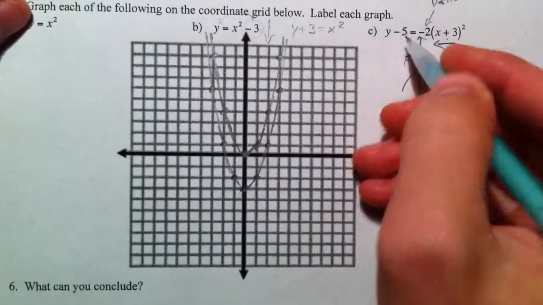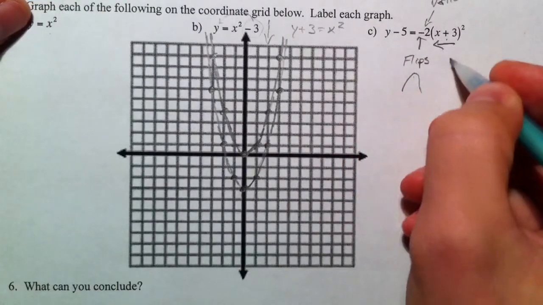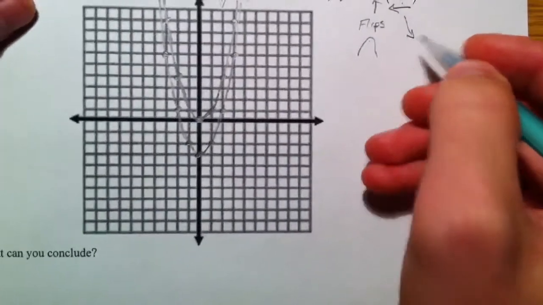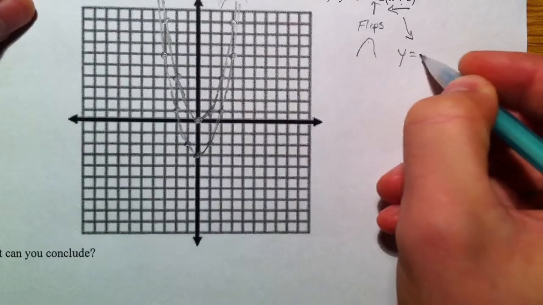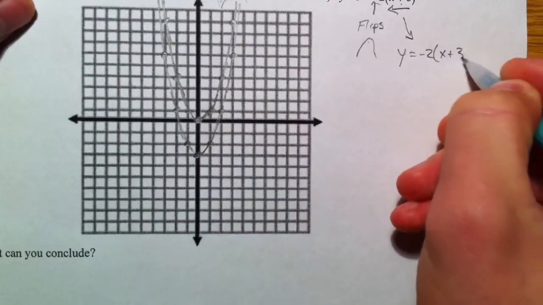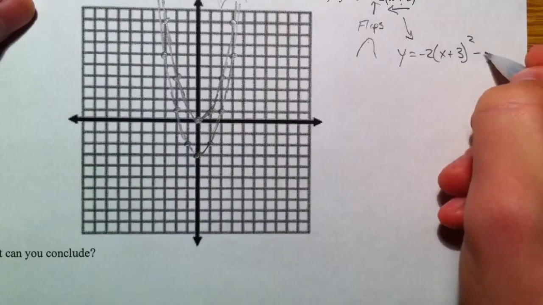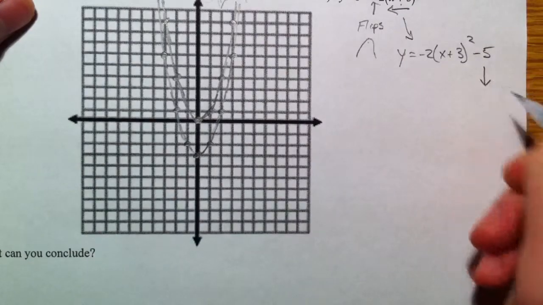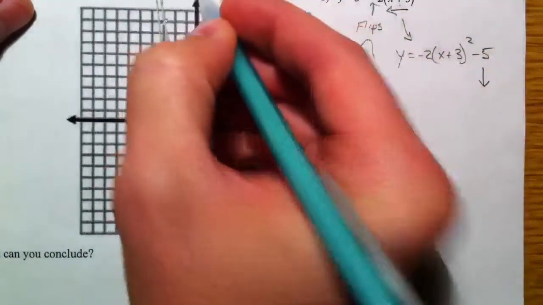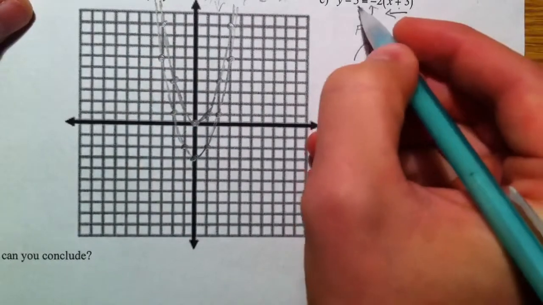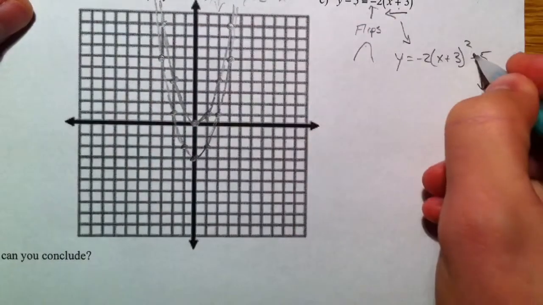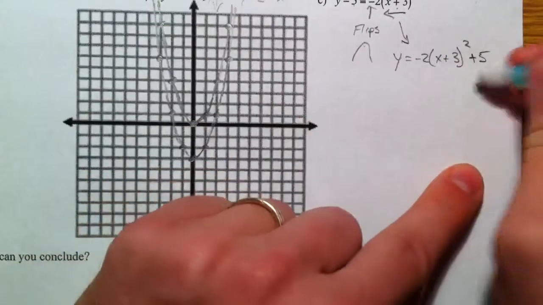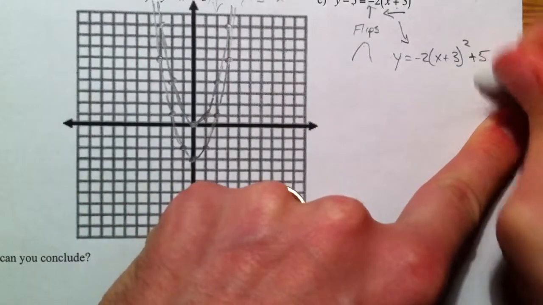So this minus 5, if you want to, you could change this so that it looked like this: y equals negative 2 times x plus 3 squared minus 5. And so this minus 5 actually moves it down 5, just like the minus 3 moved it down 3. Sorry, plus 5 moves it up 5 because we have to add it to the other side.